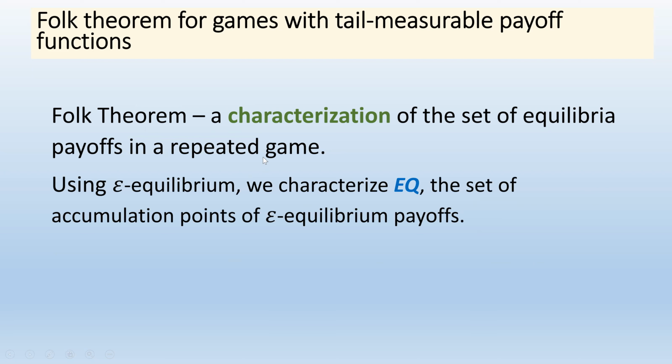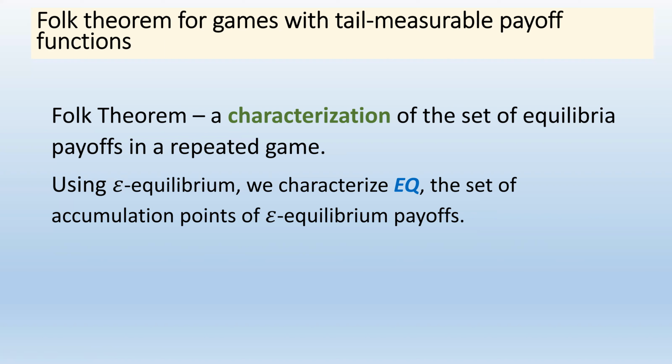In this setting, since sometimes exact equilibrium does not exist, we focus on epsilon equilibrium. And we ask what is the set of payoffs that are the limits of epsilon equilibrium payoffs as epsilon goes to 0. What's the limit set? What's the set of payoffs that can be approximated with epsilon equilibrium payoffs for decreasing epsilons?